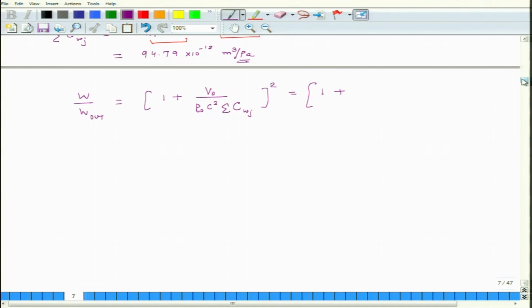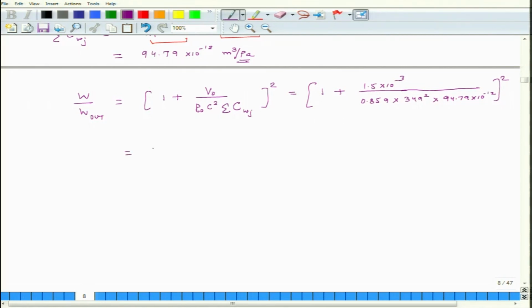With that understanding, I write 1.5 into 10 to the power of minus 3 divided by rho naught. Rho naught is how much? 0.859 times speed of sound square, times 94.79 into 10 to the power of minus 12, square.